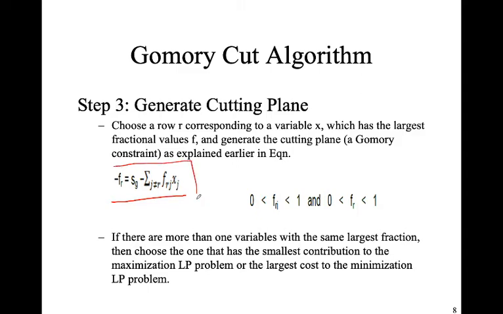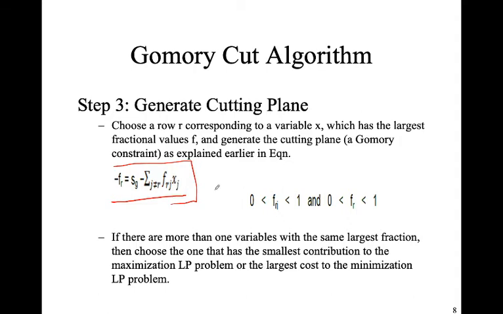So this is the equation of the cutting plane. After generating this cutting plane corresponding to the variable whose fractional value is maximum, you have to add this cutting plane into the final table of the simplex method.